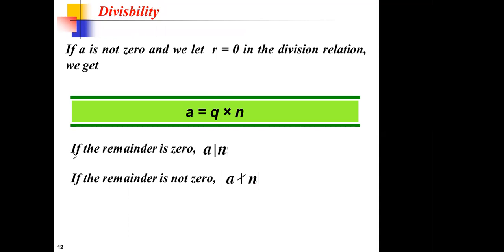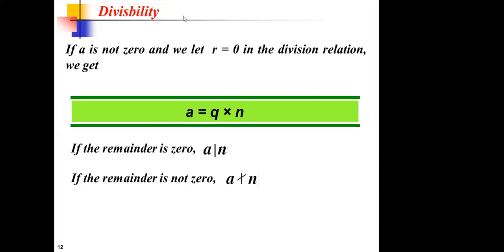If a is not 0 and we let r equal 0 in the division relation, we get a equal to qn. So if the remainder is 0, then definitely a is equal to qn, and in that case we say that n divides a, not a divides n.